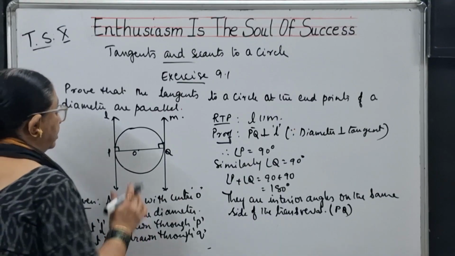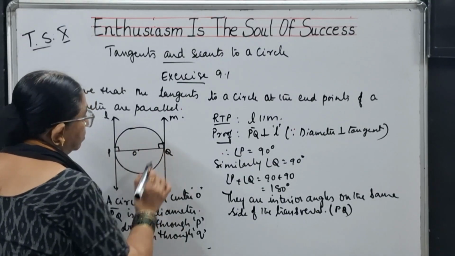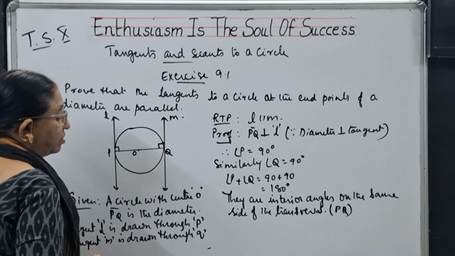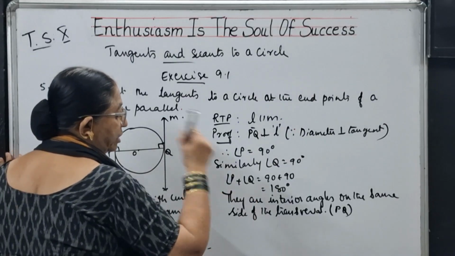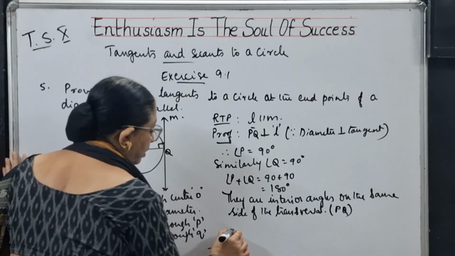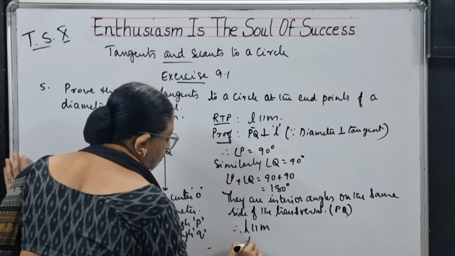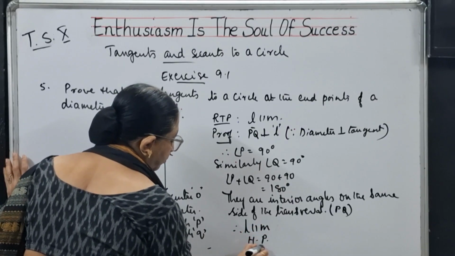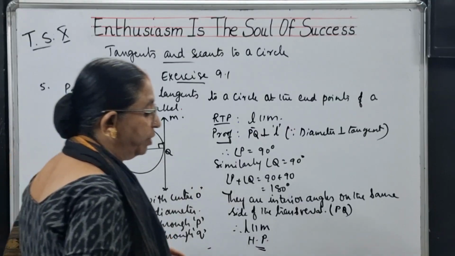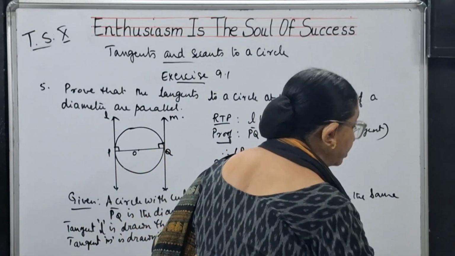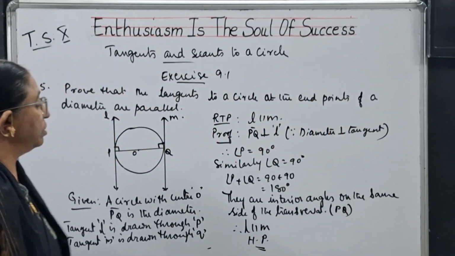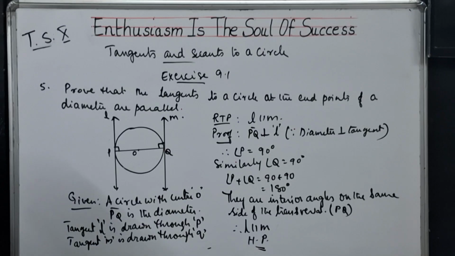So interior angles on the same side of transversal are supplementary. Their sum is 180 degrees. Therefore, L is parallel to M, hence proved. It's a very important question you are going to get in the examination. Please learn it properly.